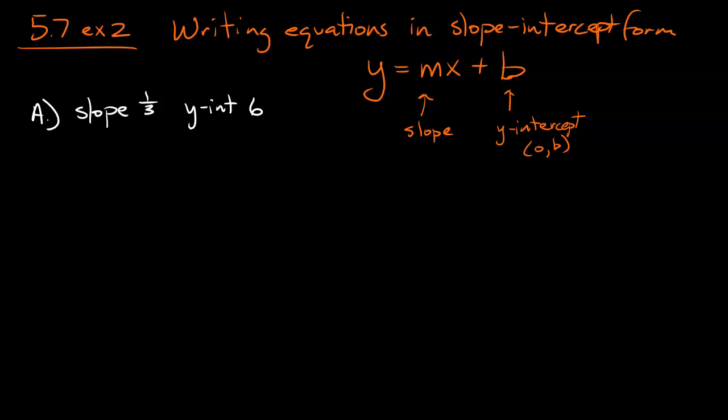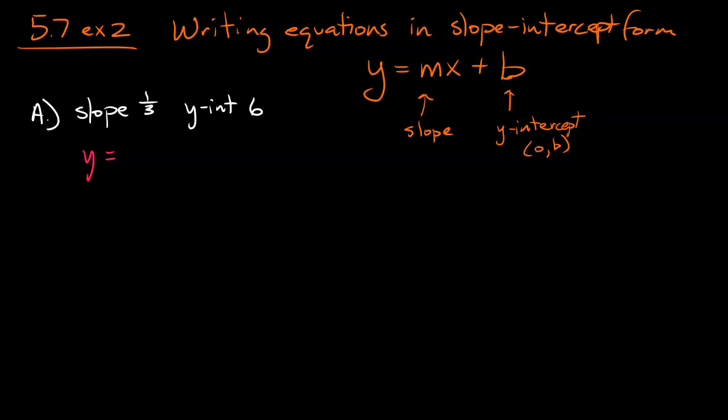Let's say you're directly told these two numbers. Mason, do you think you could help me write the answer to this one, if you're told the slope and the y-intercept? Or do you want me to guide you at all?